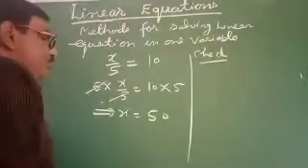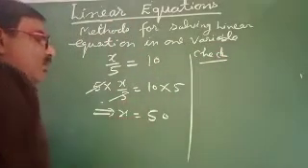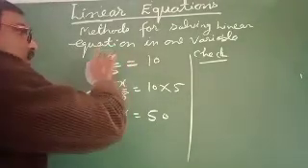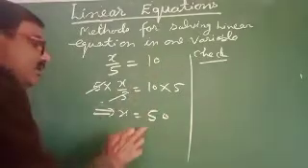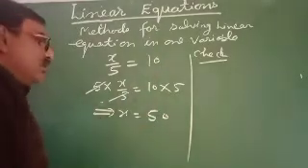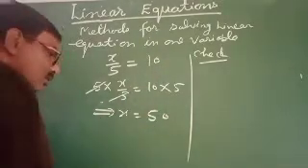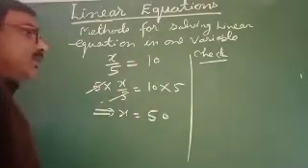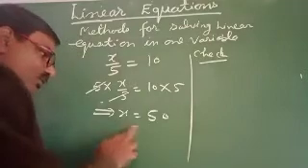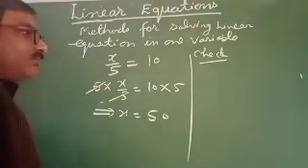I will put the value of x equal to 50 in the left hand side. If you find 10, then our answer x equals 50 is correct. If you do not find 10 on the right hand side, then our solution x equals 50 is wrong.